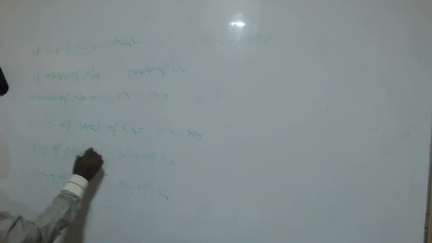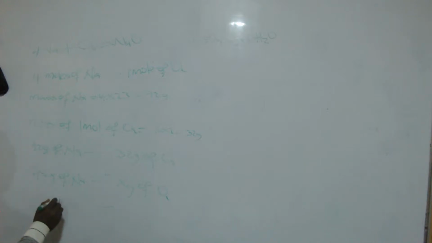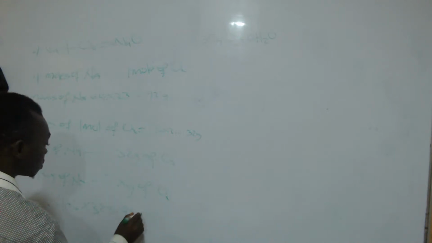Like we did before, you cross multiply. So you have 4.6 times 32 is equal to 92 times X.